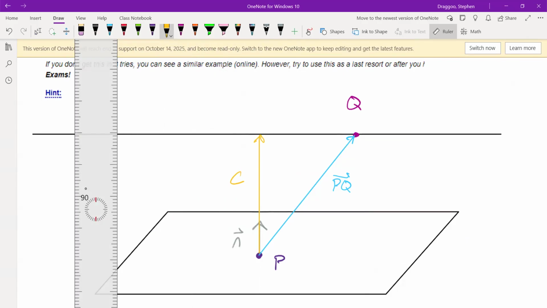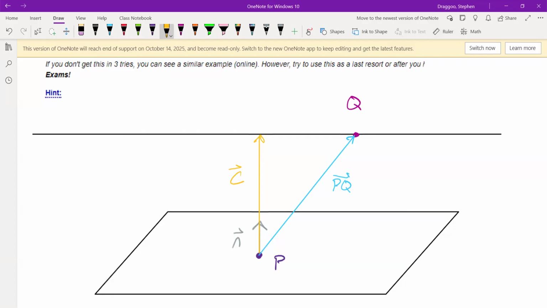So let's call that vector C. Which means I'm going back to my projection formula. If I'm looking for a distance between a point and a plane, I'm really looking at calculating some sort of a projection. Or rather specifically, I just need the component of that projection.